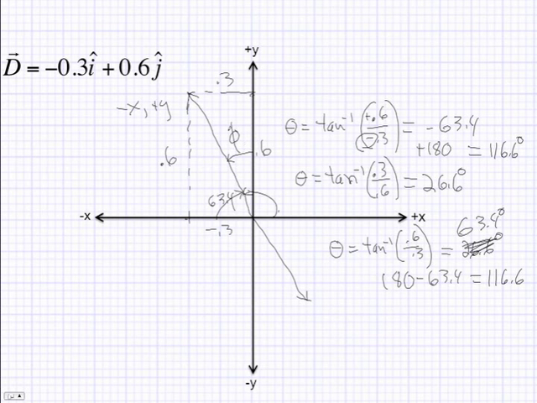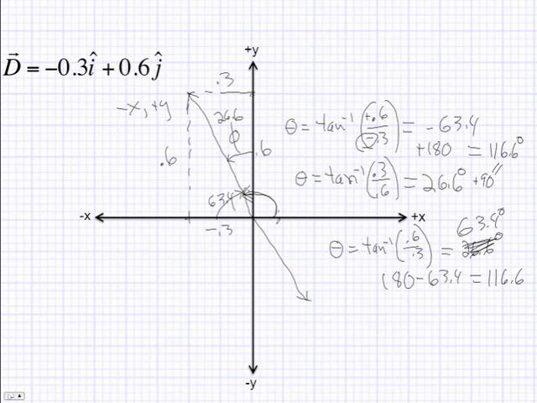And so they'd say, okay, I know this is 26.6. WebAssign wants this, or on my quizzes or tests, the angle measured counterclockwise from the plus x-axis. So now I can see easily with my sketch I need to add 90, and that also gives me 116.6. And so a sketch makes it real clear what you're up to.